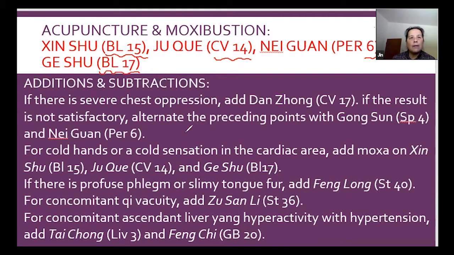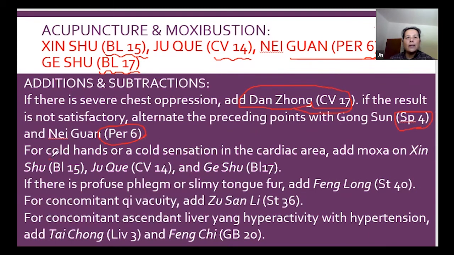So that's basically the points here, and we can still modify from there. Put Ren 17 here for severe chest pressure. And if it still doesn't relieve the pain, we can also add in spleen 4 with pericardium 6 together. So basically these are some points to open the chest.